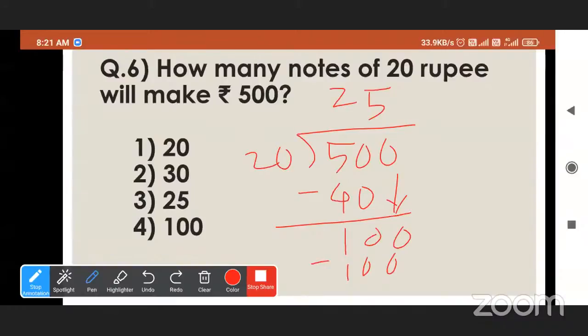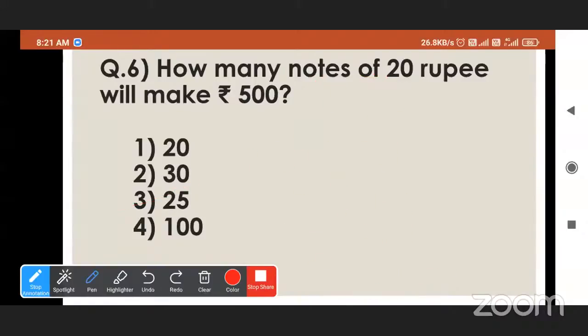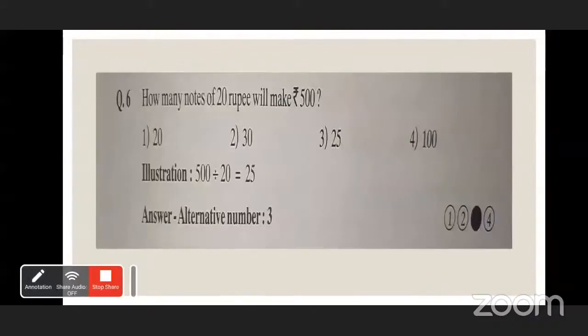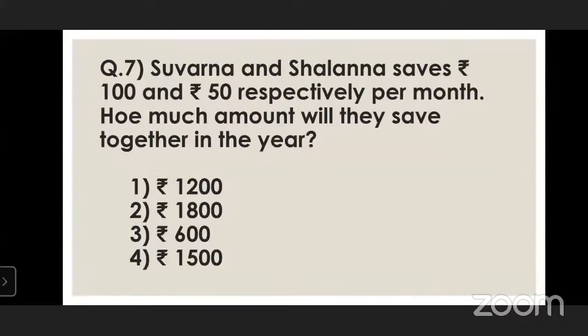So how many notes are required? 25 notes. So which option is right? Third option. Very good. See here, 500 divided by 20, that is 25.